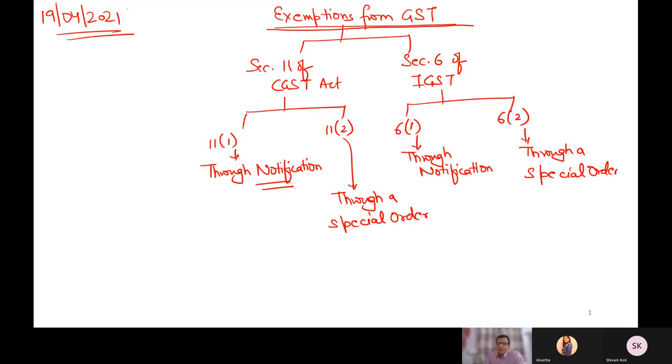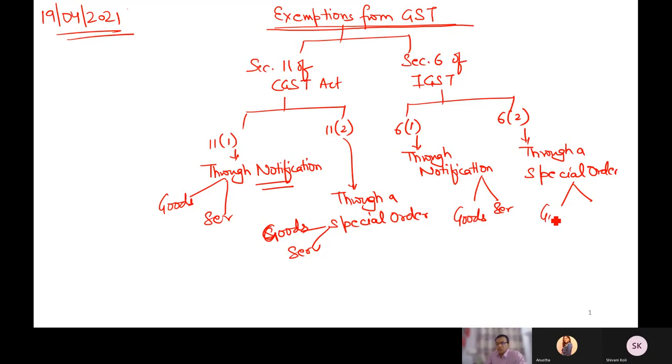But now in both the cases I can be having goods as well as services. So through notification goods can be exempted or services. Through special order goods can be exempted or services. Here also goods or services and here also goods or services.